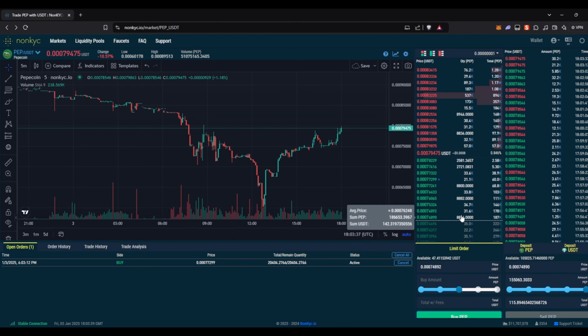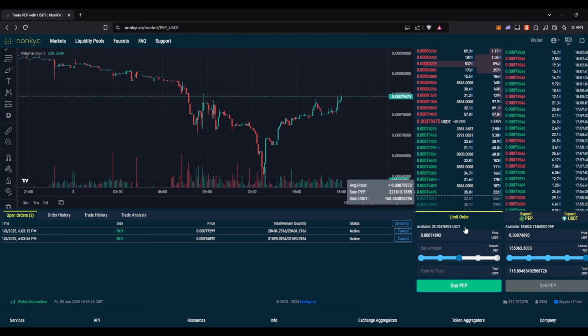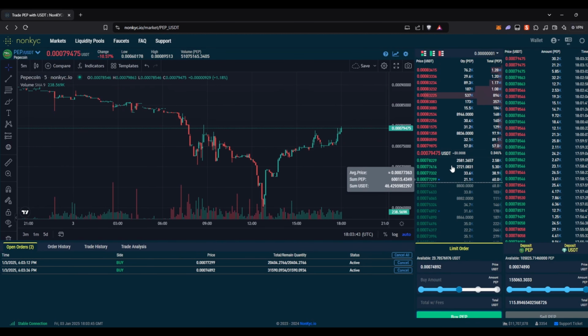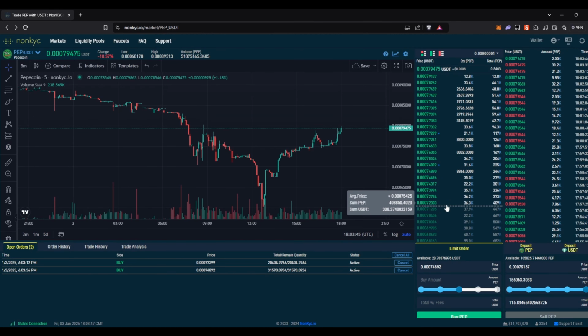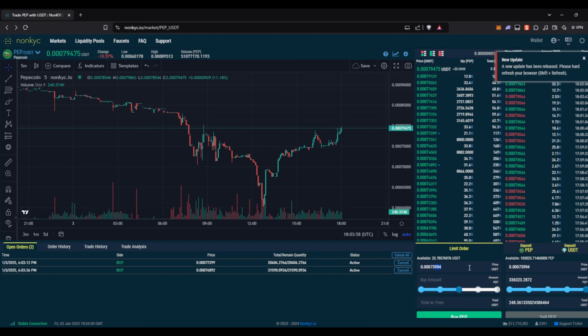All right, and you can see it's popped up on the book. I'll go a little bit lower. Maybe if I go over here, I can get somewhere closer into this range. Let's try 73, 424. And then I'll go 100% for the last one, but we'll go 50.